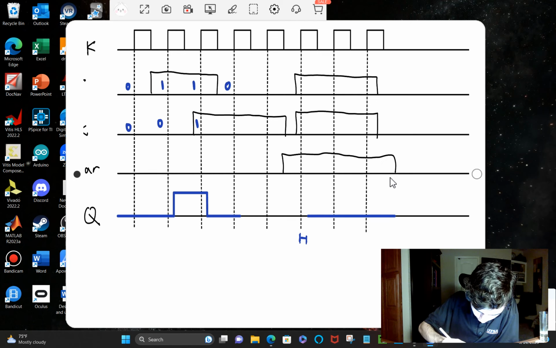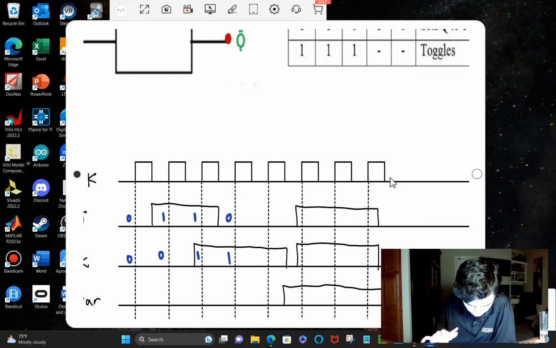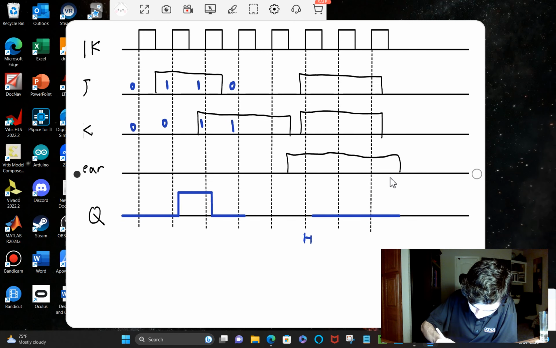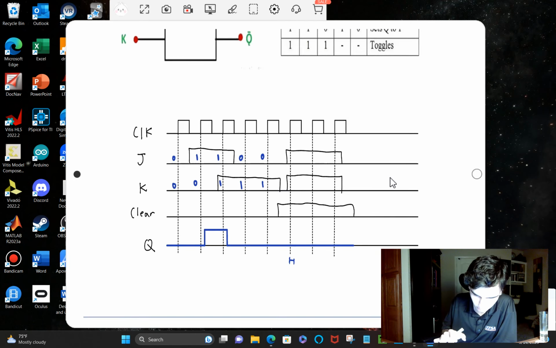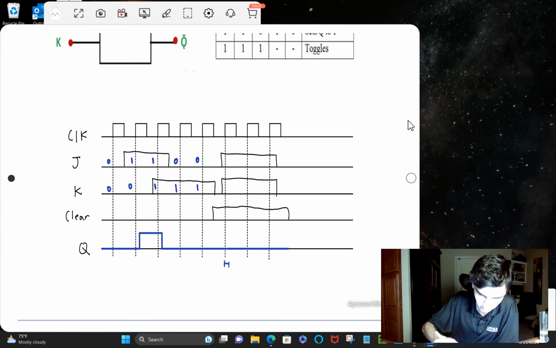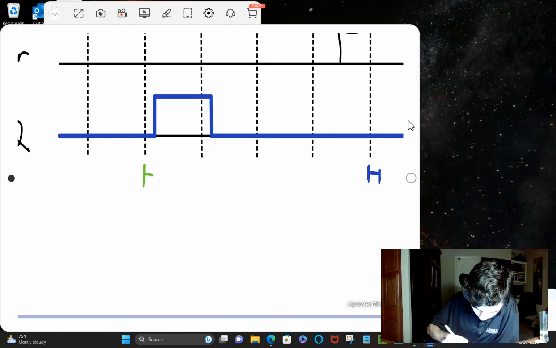Then here, 0, 1. So J is 0 and K is 1. And the reset, Q is 0. Okay, so it just stays 0. Get 1, 1. Okay, so then it stays 0 for the whole thing. And this would be the waveform of that. And this is the propagation delay.